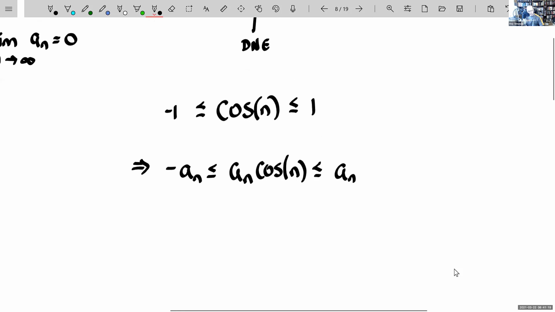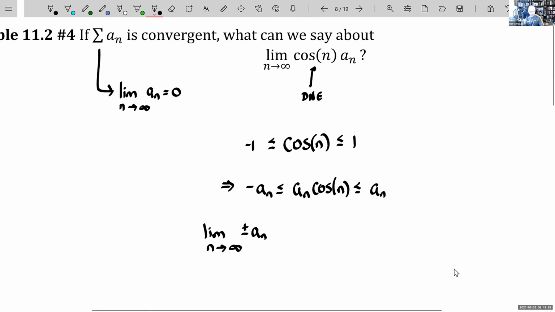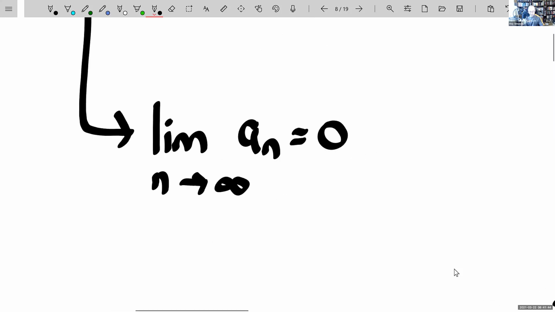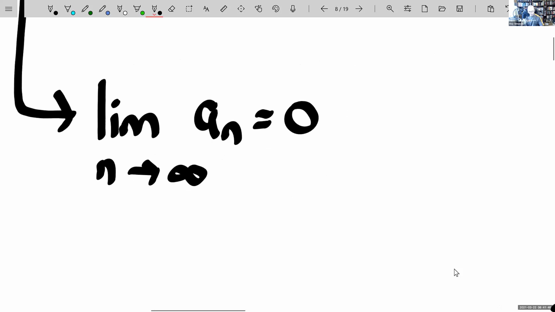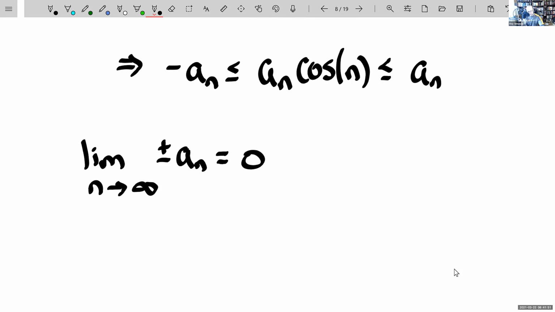If you multiply all three sides by a sub n, we're going to take the limit as n goes to infinity of plus or minus a sub n. The reason I'm doing that is I want to squeeze the center to something. We have already said that since the series of a sub n is convergent, the limit of the sequence will be 0. Because of that, the limit of plus or minus a sub n should be 0.